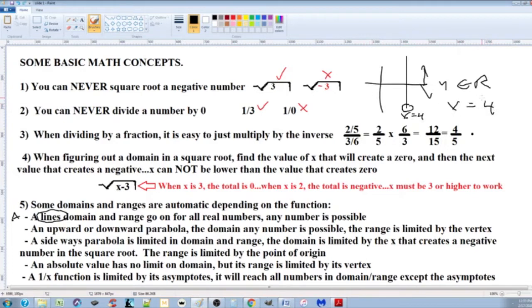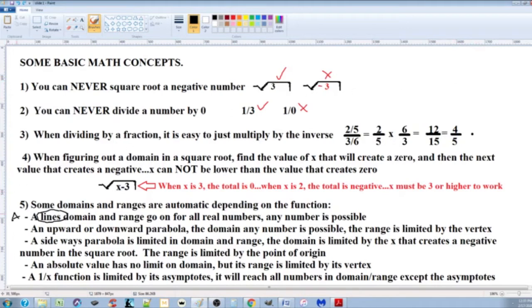X must equal 4. So those are the only two exceptions. So lines can go on forever. So automatically, if it's any kind of line with a formula like this, you'll know that it's a normal line and its domain is anything and its range is anything. So lines are easy. So are parabolas.